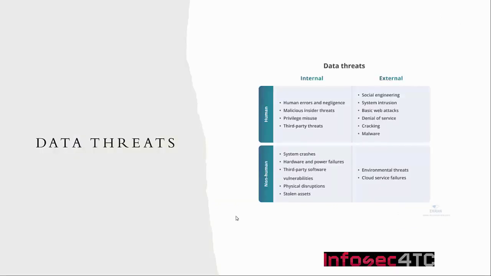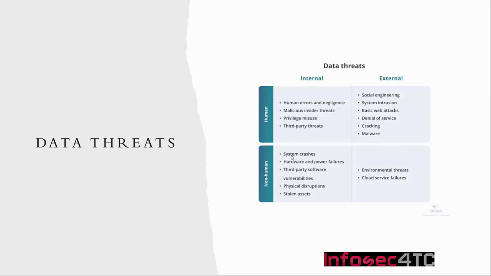And we know we could face some problems related to data, from internal or from external sources. Internally from humans, like human error. We have malicious insiders, privilege misuse, or third-party threats. Or from external, for example, some attackers use social engineering, so they trick our employee to share data, or one of our customers, for example. We have system intrusion, basic web attack, denial of service, cracking and malware, and so on.